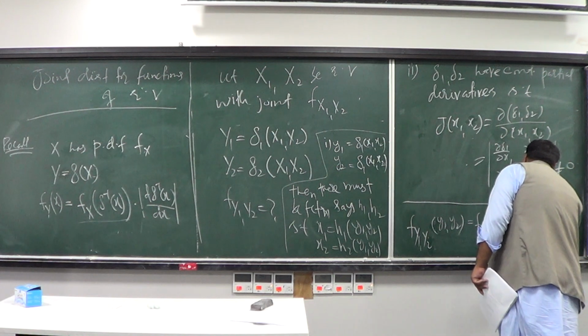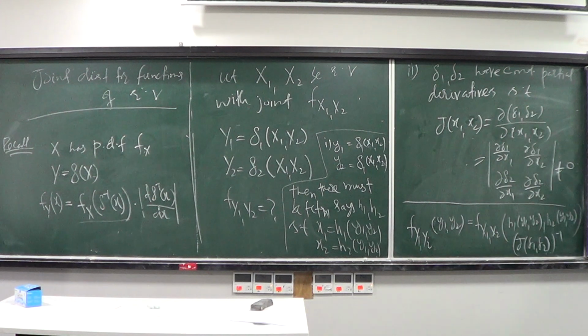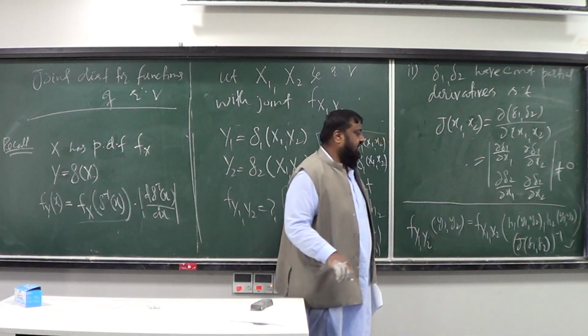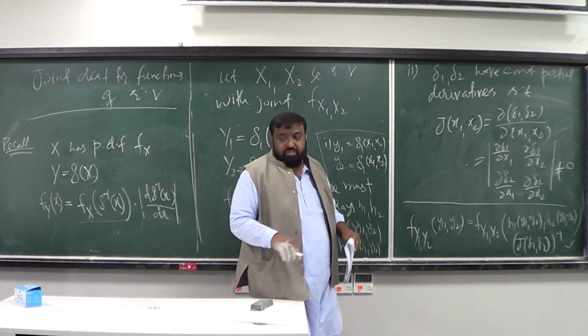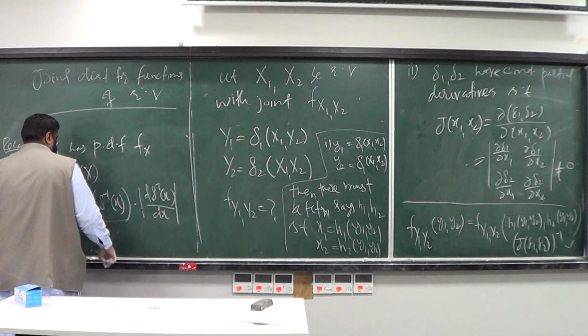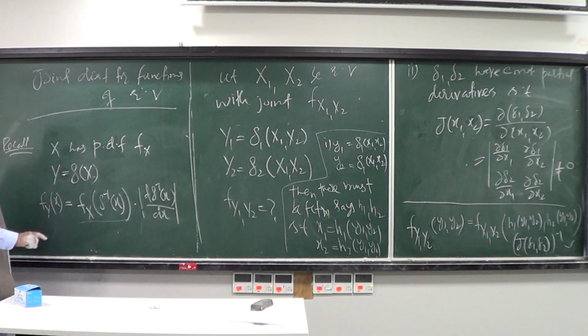So this is the formula for computing the joint distribution of y1 and y2, which are functions of x1 and x2. Very simple. It is very much analogous to what you have here. This is a particular case of what you have here.